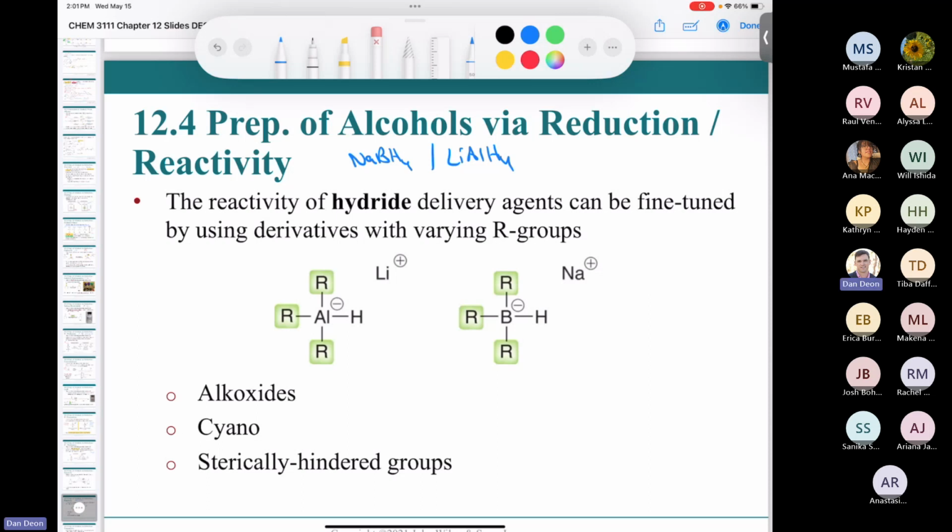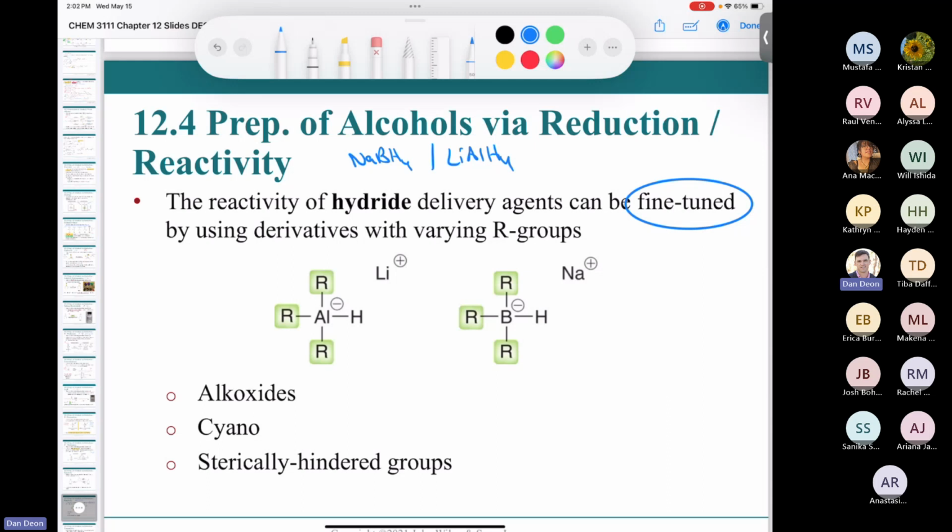And what that does is it just changes the reactivity. You see that he uses the words fine-tuned, okay? So very specified for very special scenarios. And so if you go and try to shop from a chemical supplier for some kind of reducing agent, I'm not kidding, there are literally hundreds of them out there, okay?